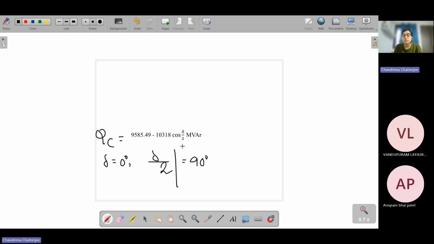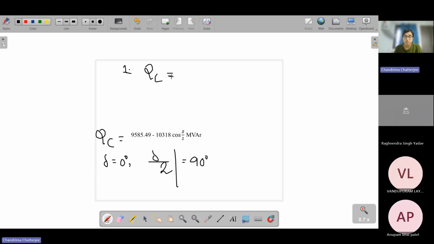For delta equal to 0, this is unity. So case 1, when delta equal to 0, del by 2 is also equal to 0. So QC for this is 9585.49 minus 10318, so minus 732.51.